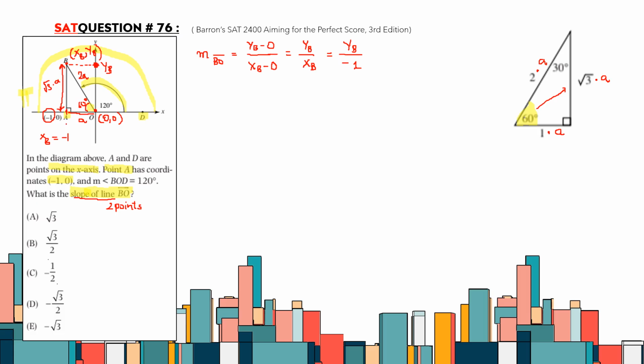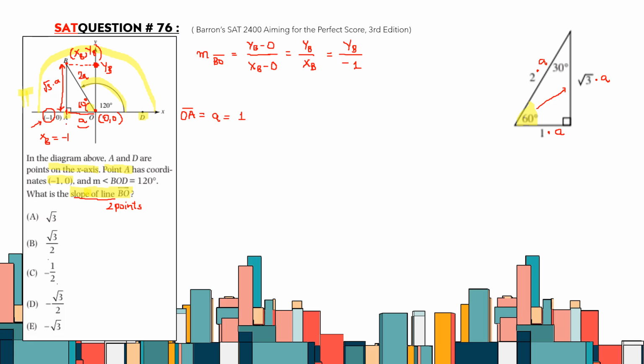Our target is to know the length of BA, right? The small a in this case is 1, the length, because the x coordinate of point A is -1. So from point O to A, the length is never negative.